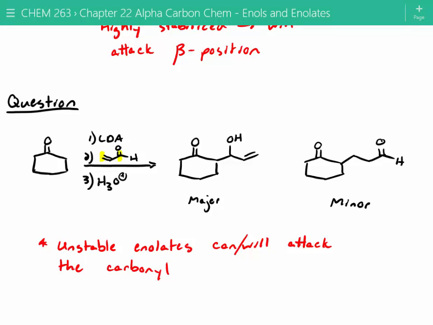We're going to go through a few problems that are really similar to these Michael addition reactions. So the question is, if we want to form the minor product, how can we do that?